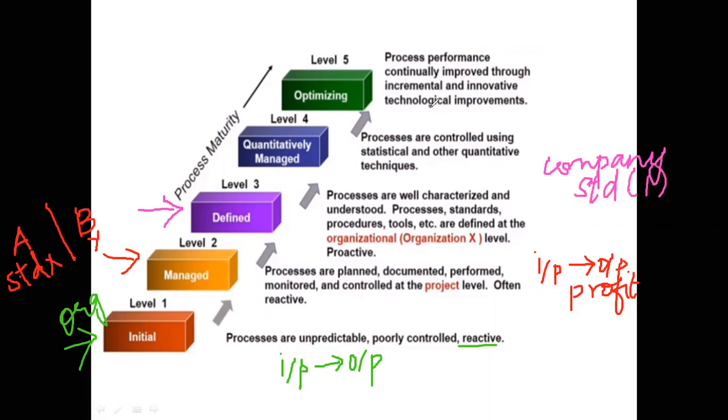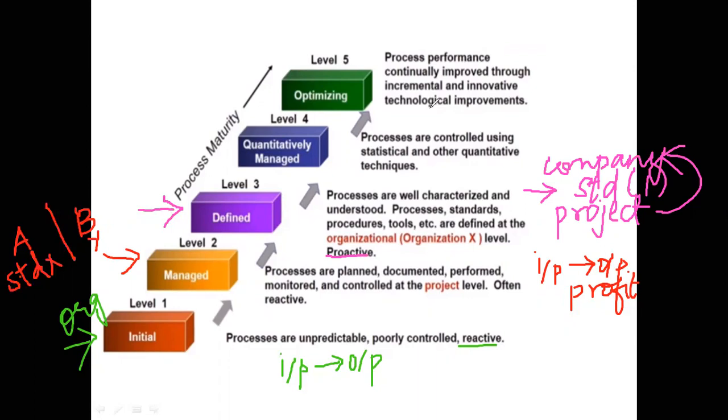All projects that fall into this category, or all the projects that are governed by this company or they are working on, are going to have one set of standard only. And this is called your proactive level. They are going to use the best tools based upon the organization standard. All that are defined at organization level will be followed.